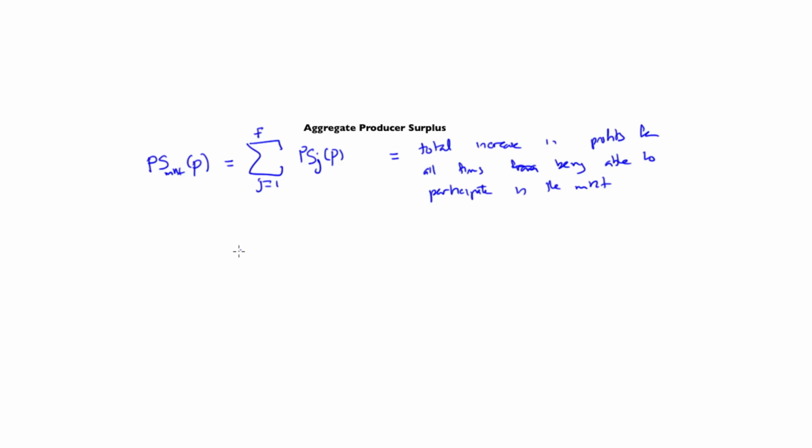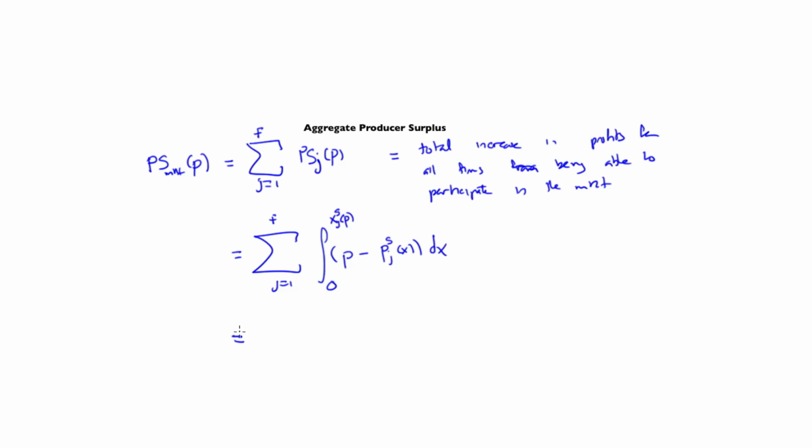Now, if we use the formula that we derived before, this is going to be equal to the integral from 0 to the amount that is supplied by each firm at price P of P minus the inverse supply function for that firm, dx.